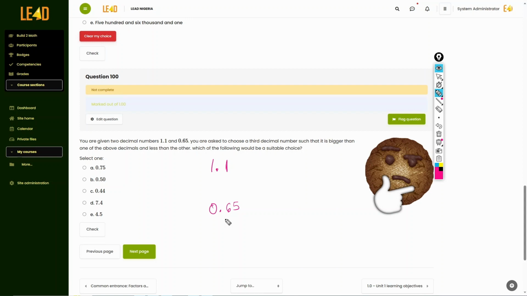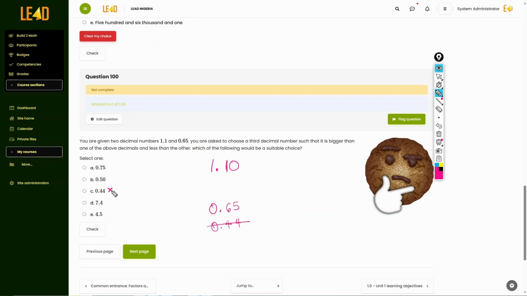Okay, so thinking about it, I think I would go with elimination. 0.44 would be less than 0.65, because it looks like 44, right? So it's less than 0.65, so that's wrong.